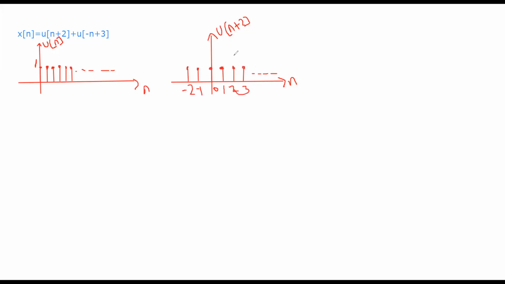Right? Next, let me plot u of n plus 3. u of n plus 3 is nothing but u of n shifted towards left by 3 units of time.